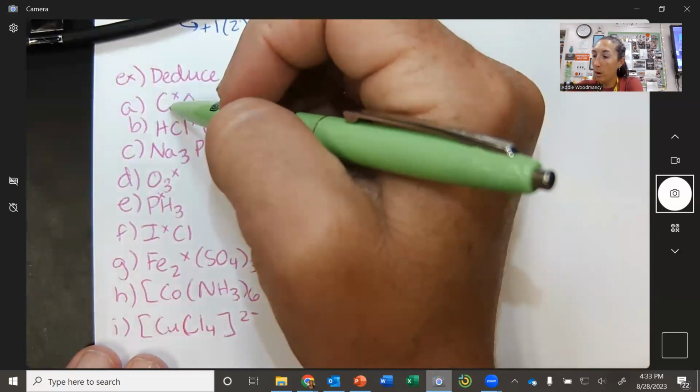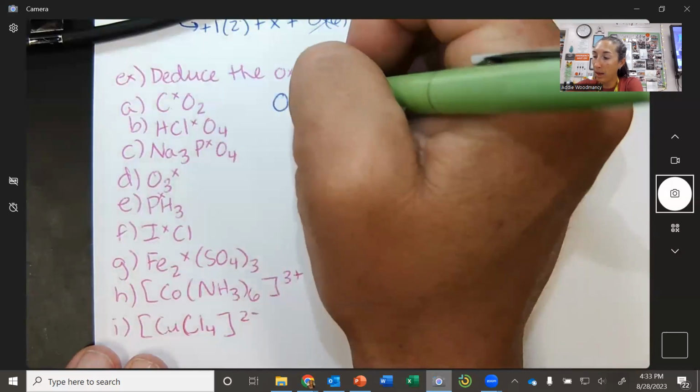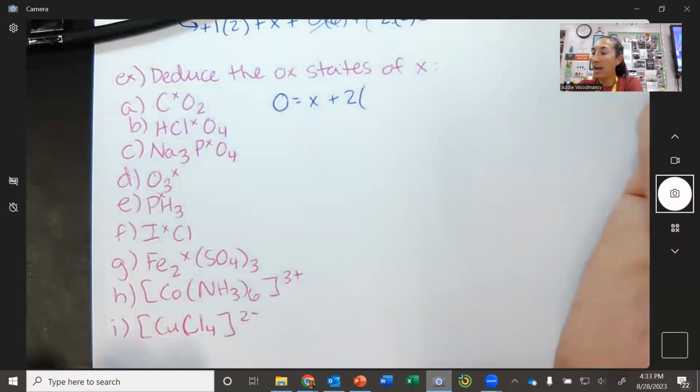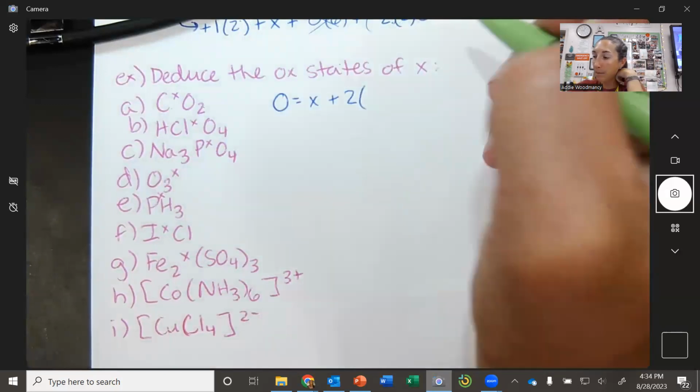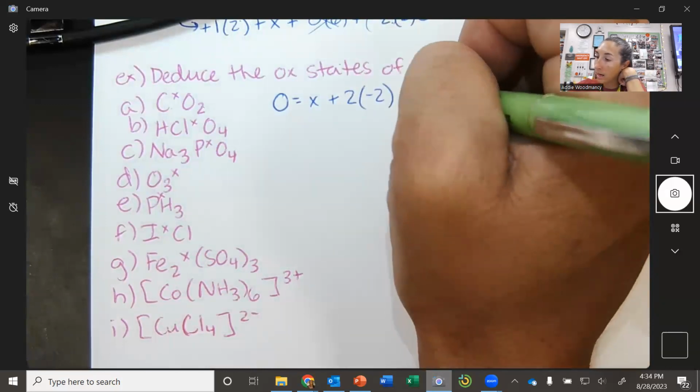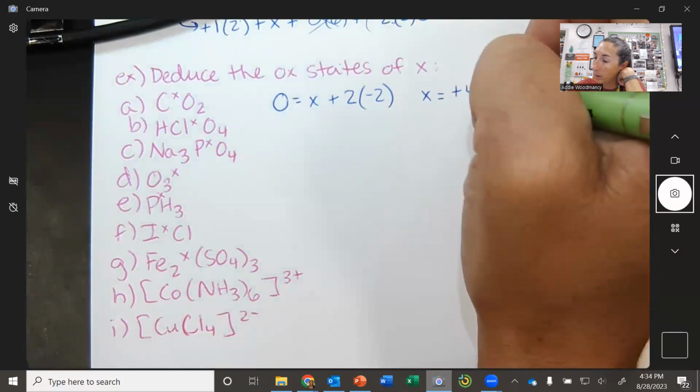We have 1 carbon, X, plus 2 oxygens, and the charge and oxidation state of oxygen are going to be the same, so that's -2. So then solve for X. X is going to need to be +4.